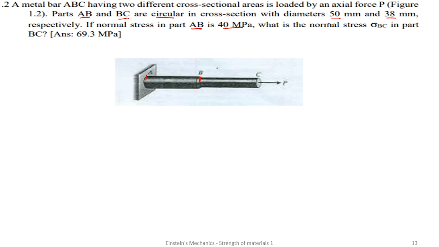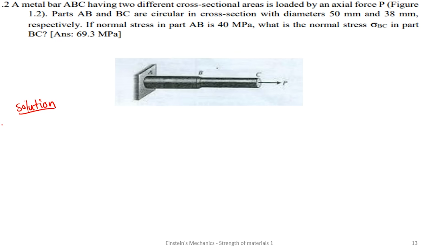First, let's list our parameters. We have part AB, so we have the diameter of part AB to be 50 millimeters, which is equal to, let's convert it to meters. So solution.